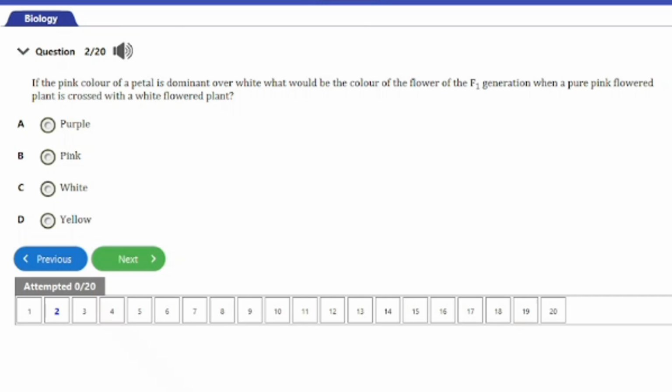C. White. D. Yellow. So guys, since the pink color is dominant, obviously the answer to this question will be option B, and that's pink, because the dominant character will be expressed phenotypically in all the F1 generation. And that's it for that question. Let's go ahead and consider the next question.